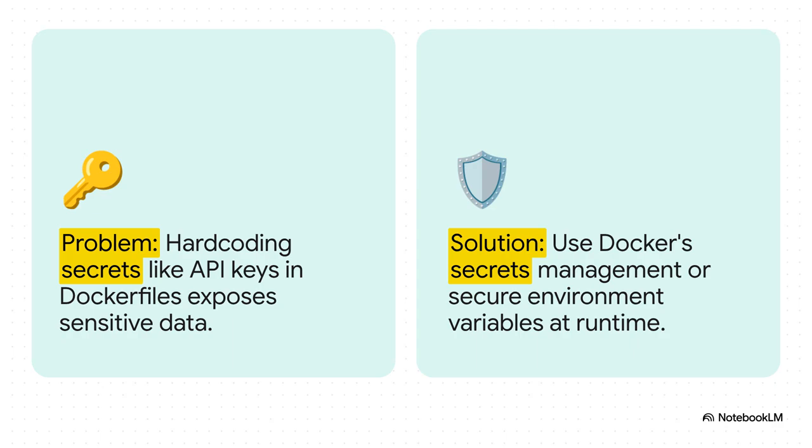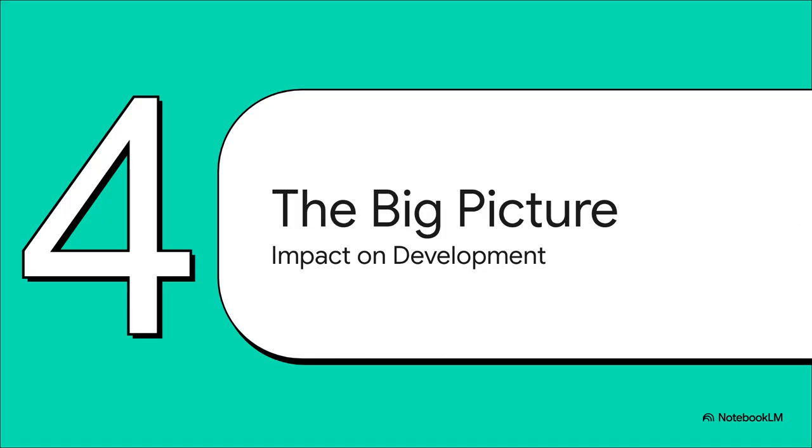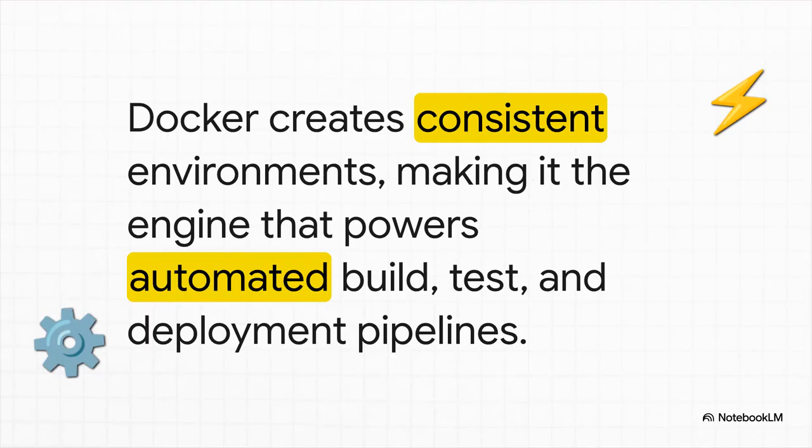So when you put all of this together, the standard packaging, the awesome benefits, the smart best practices, what does it all add up to? Let's zoom out for a second and see where Docker really fits into the bigger picture of how we deliver software today. Docker is, without a doubt, the engine that powers modern continuous integration and continuous delivery, or CI/CD.